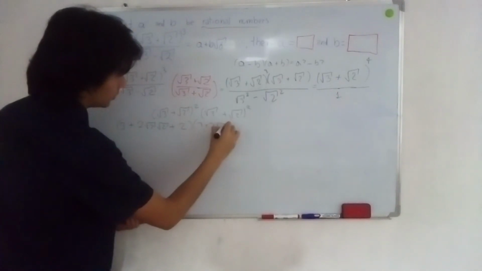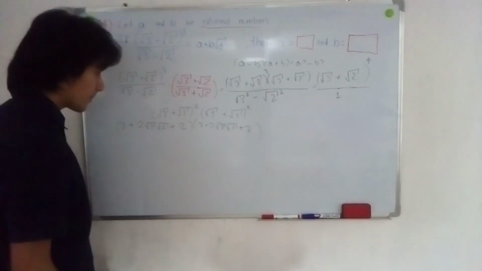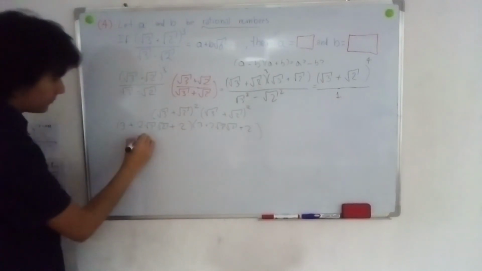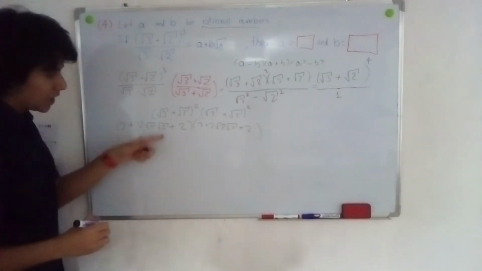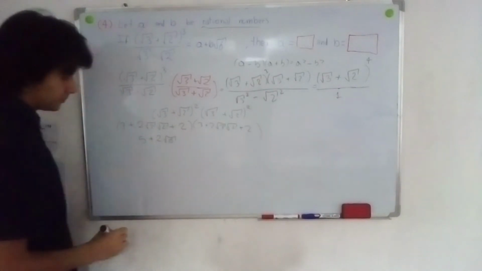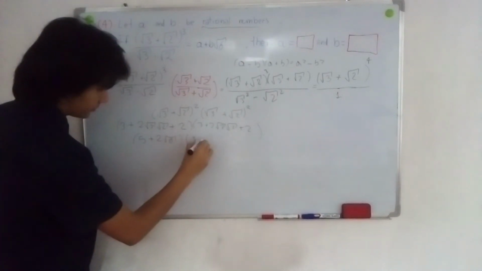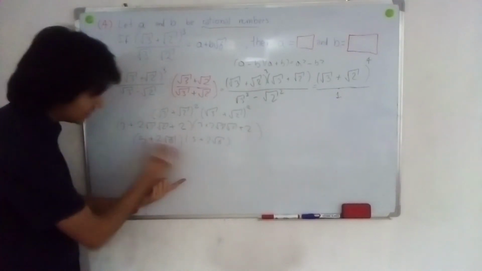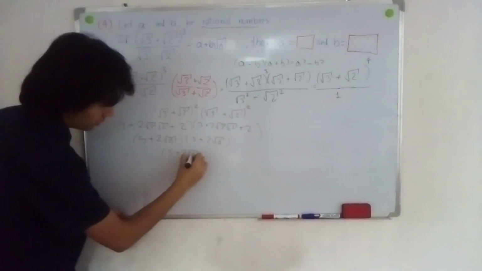What is that? 3 plus 2 is 5, plus 2 times the square root of 3 times the square root of 2. That is 2 the square root of 6. That is the same. And that is this term squared.